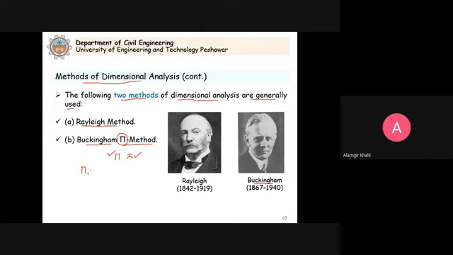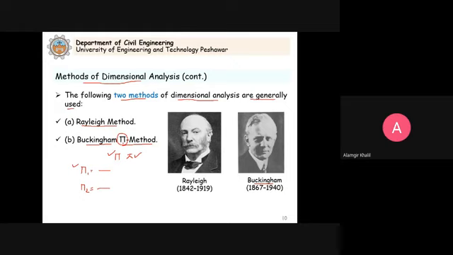Whatever the group is, maybe a Reynolds number, a Froude number, any dimensionless quantity which has no units, let it be pi 1. You solve a problem, you get another dimensionless quantity. He said let it be pi 2, and so on. Based on this, it is known as the Buckingham Pi method.